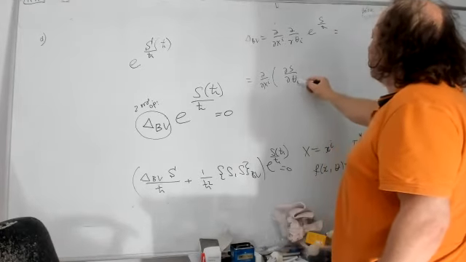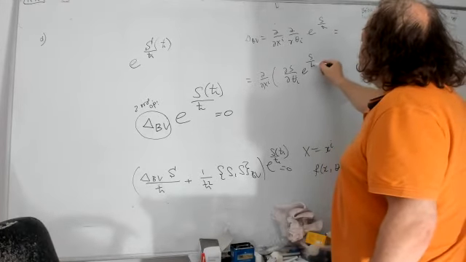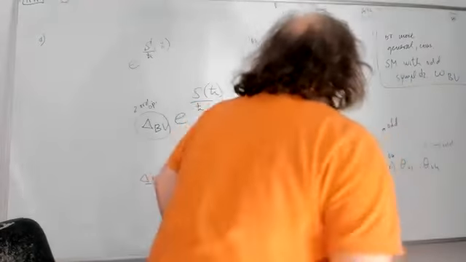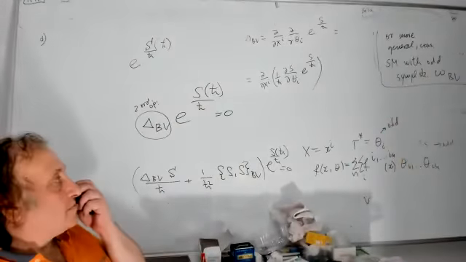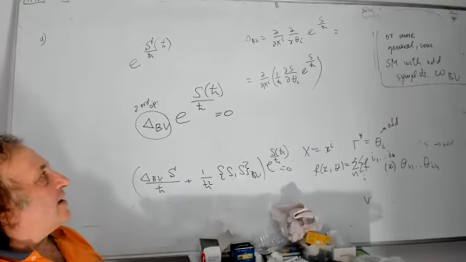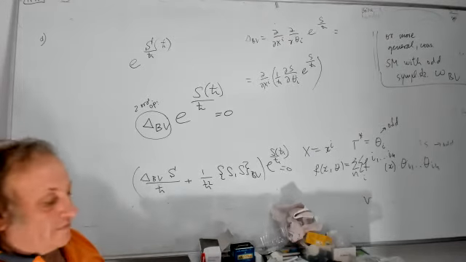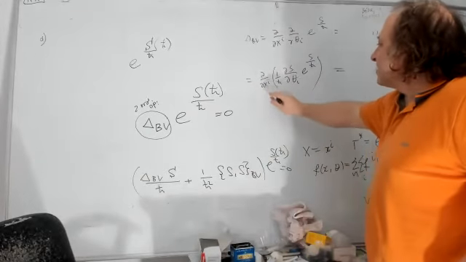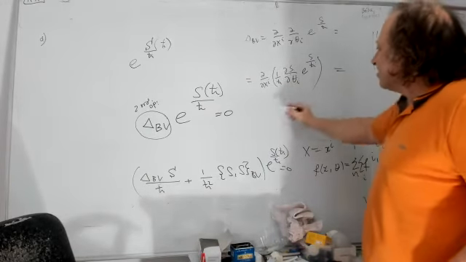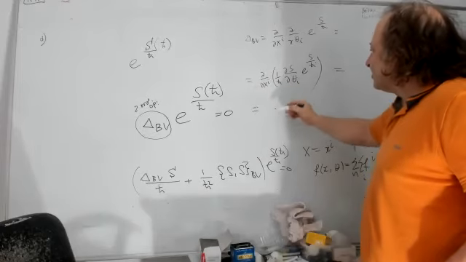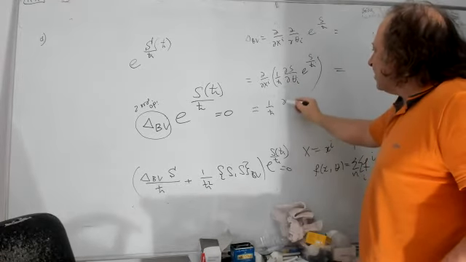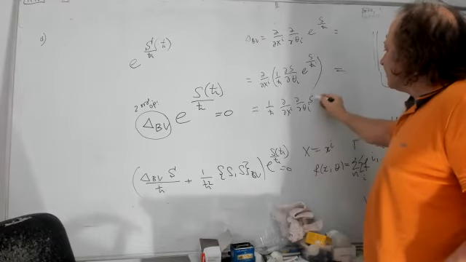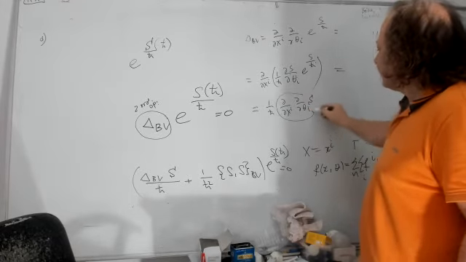It is dS over d theta_i, e to the S over H, times 1 over H. Now I take the second derivative. This second derivative could hit either here or here. If it hits the first term, it's 1 over H, d over dx^i, d over d theta_i, S. And this is delta BV.